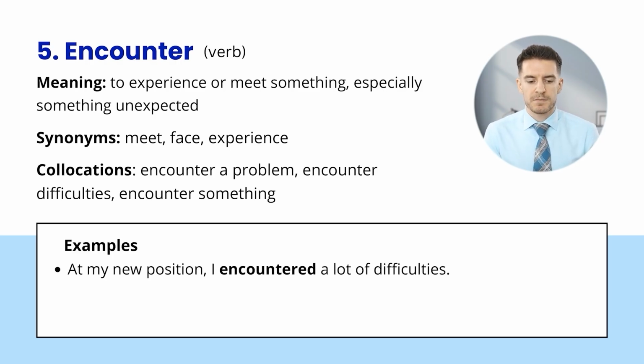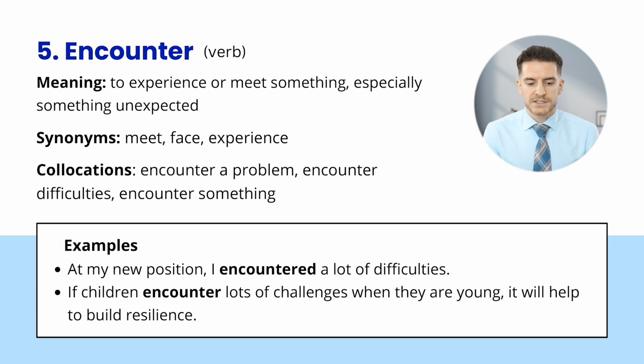Now, here are some examples. At my new position, I encountered a lot of difficulties. So instead of just saying at my new job, I had lots of problems, you can say something like this: I encountered a lot of difficulties. This is going to make your speaking much more professional. And here's another example.